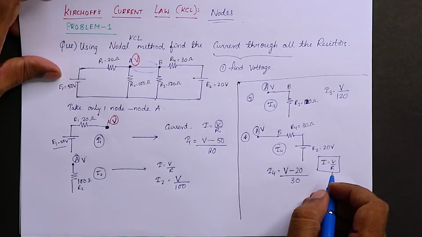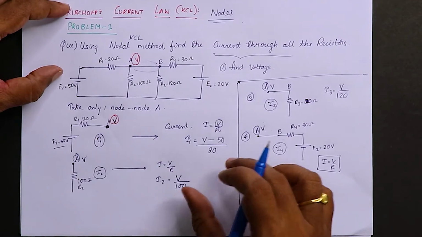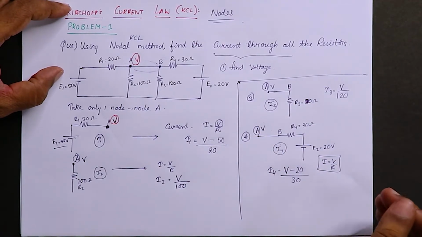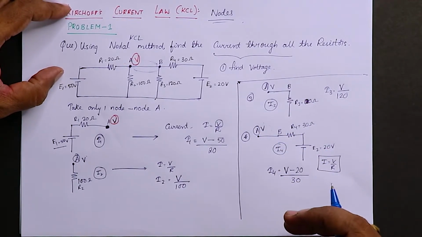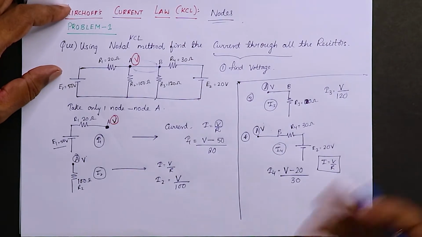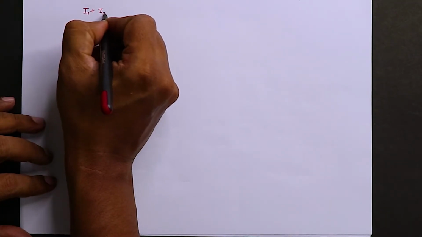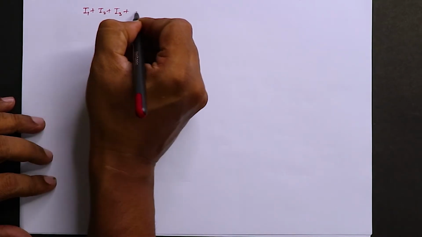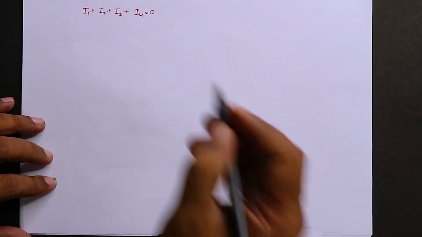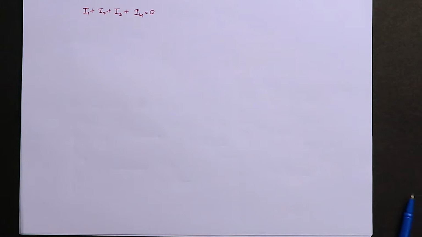Now, what is the principle? The algebraic sum of all the currents is equal to 0, or the currents entering the node equal the currents leaving the node. We'll take the first principle, which says the algebraic sum of all the currents is equal to 0. So I1 plus I2 plus I3 plus I4 is equal to 0.